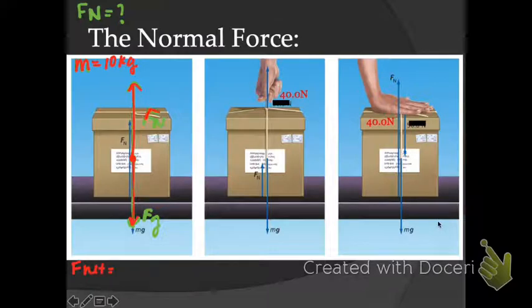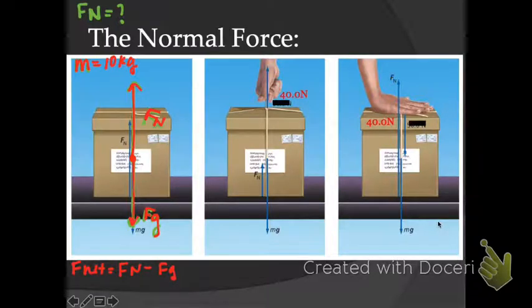So which forces are moving in the positive direction, Fn or Fg? Fn is my normal force, Fg is my gravitational force, and it's going in the downward direction. Even though the scenario might be simple, I want you to get used to setting up this net force equation. F net equals positive forces, Fn, minus negative forces, which is Fg.